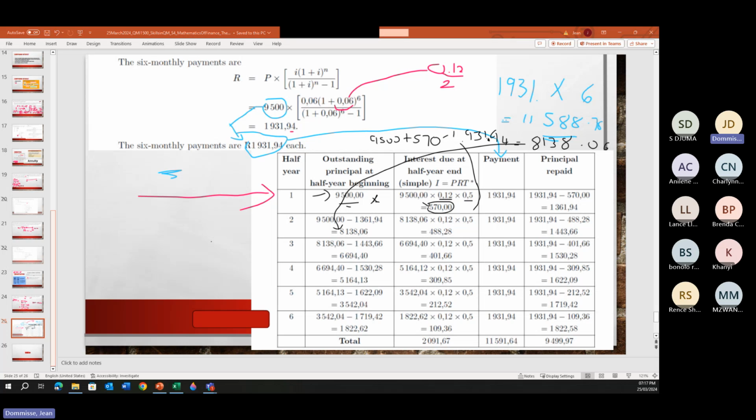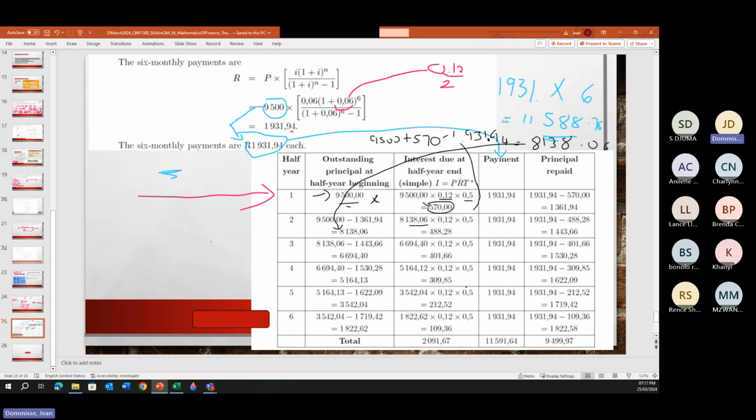So now for my next period to work out the interest, my value that I start off with is 8,138 Rand and 06 cents.